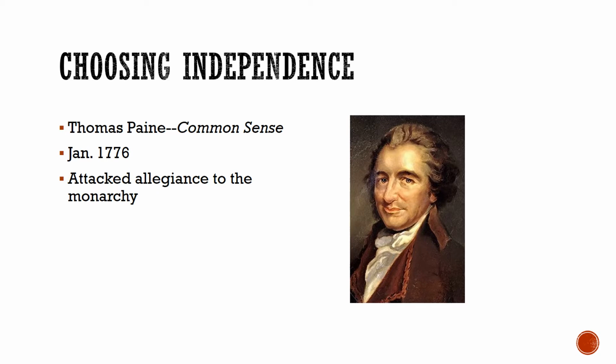They saw themselves as not just subjects of the king, but almost like a spiritual connection between people and their ruler. And so removing themselves from the British Empire wasn't as simple to them as a political disconnection. There was something more. And this is where Thomas Paine comes in.